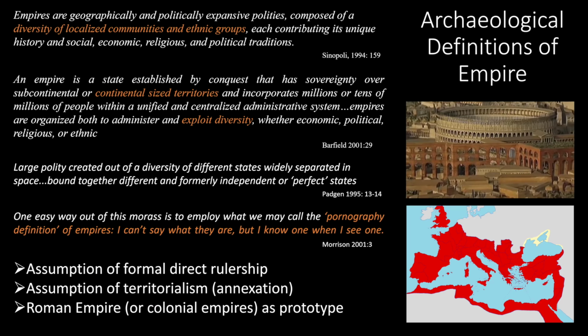So, some of the key elements of the way that archaeologists tend to talk about empires. The first is the use of the Roman Empire as the prototype. Obviously, the Roman Empire was an empire that existed. It's a polity that went through various eras or cycles of expansion.